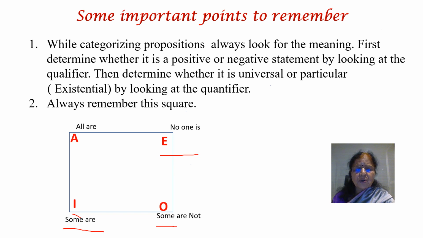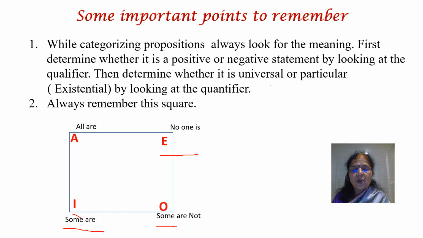And also learn to draw this square. It's the same thing, AEIO type, but here I have written it in the form of a square. Always in the square you write A here, and opposite to that E. Universal affirmative is A, universal negative is E, particular positive is I, particular negative is O. Write in this way, just to practice.